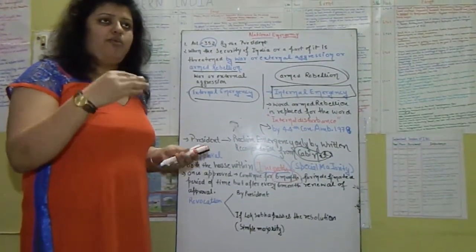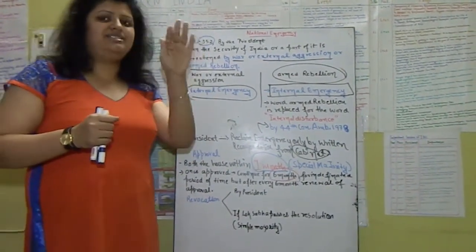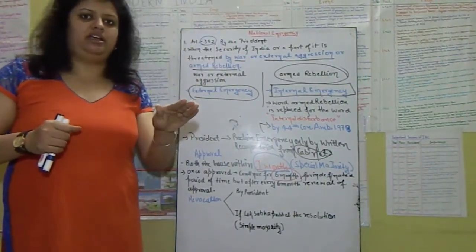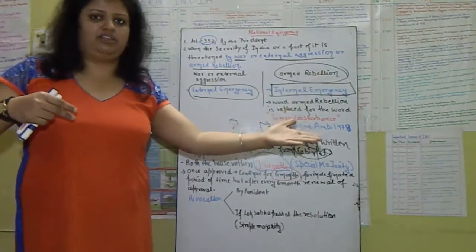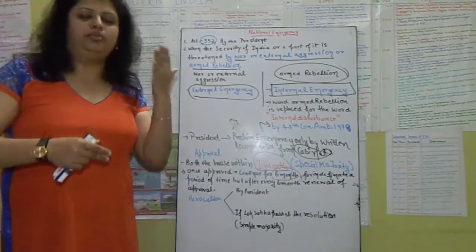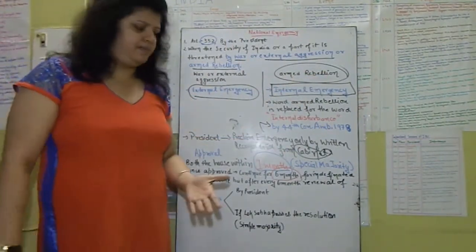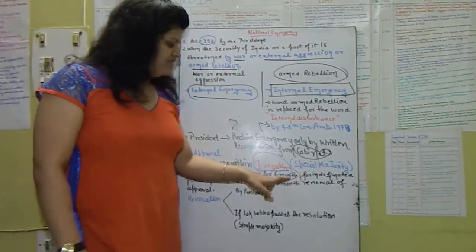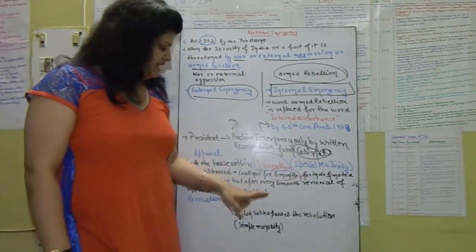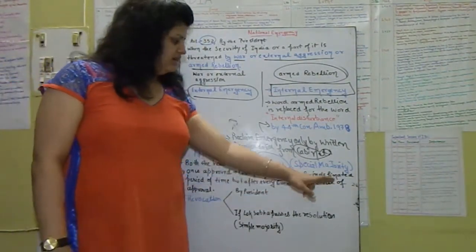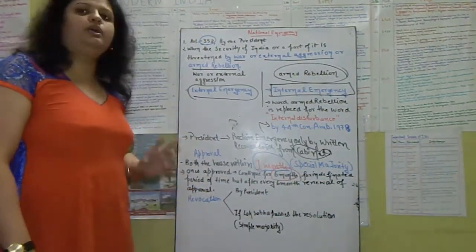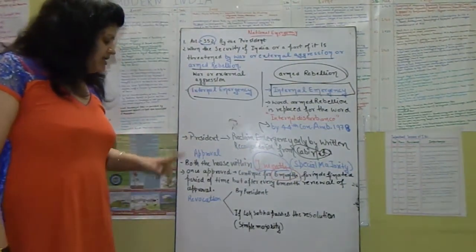But once the first 6 months is over, for continuing it for the next 6 months, you have to get a reapproval from both the houses. Okay, so it carries on for an indefinite period of time, but after every 6 months, renewal of approval is required. So this is about approval.